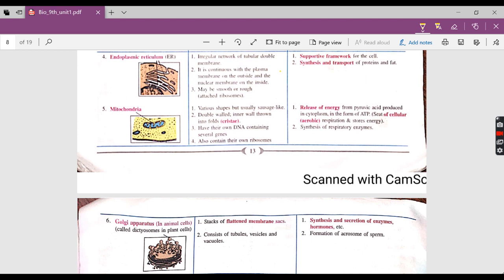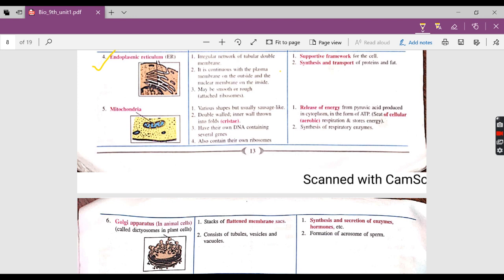Next we have the endoplasmic reticulum. Endoplasmic reticulum, also known as ER, is an irregular network of tubular double-membraned structures. It is connected with the cytoplasm, plasma membrane as well as the nuclear membrane.